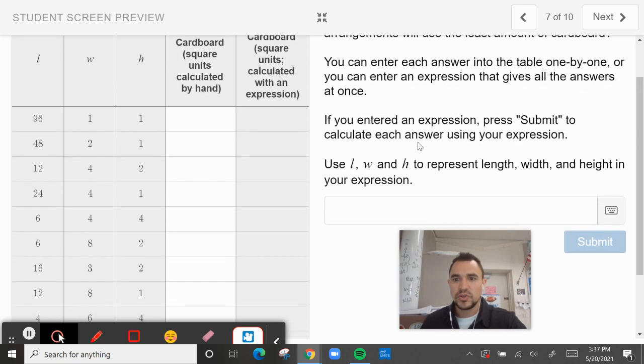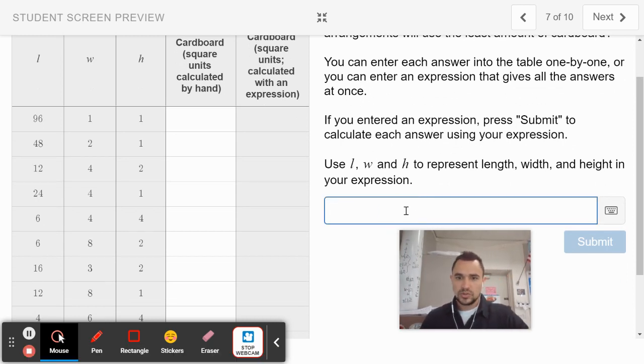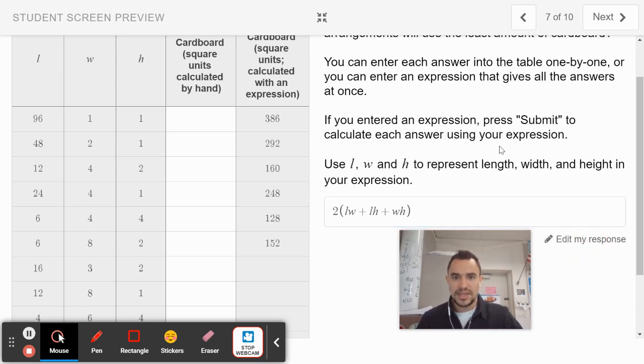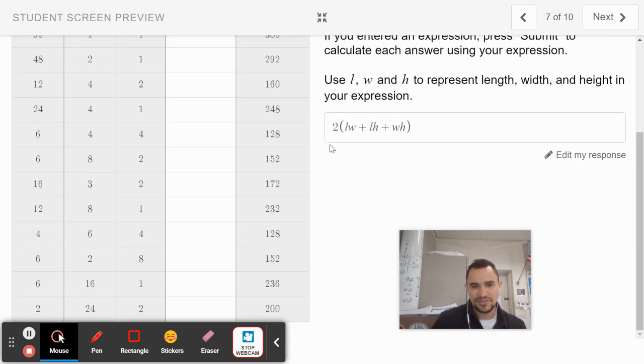If you enter an expression, press submit to calculate using the expression. In your expression, use L, W, and H. So 2 times (LW plus LH plus WH). That's going to be my answer. There it is. Oh, don't you love it when you have a formula? It's real life.